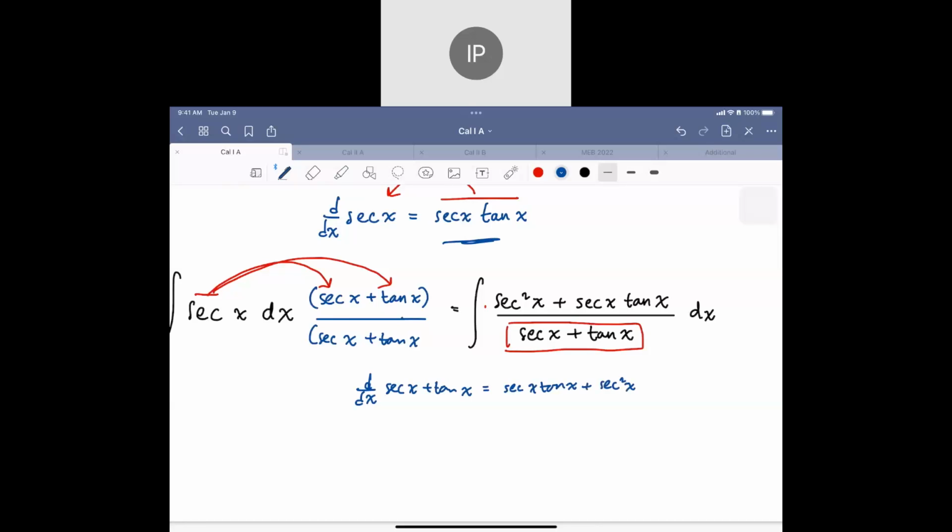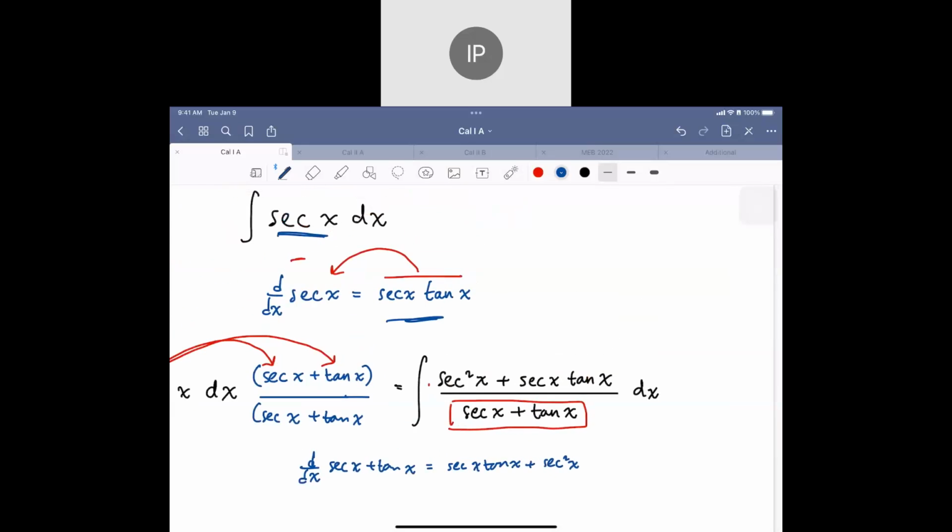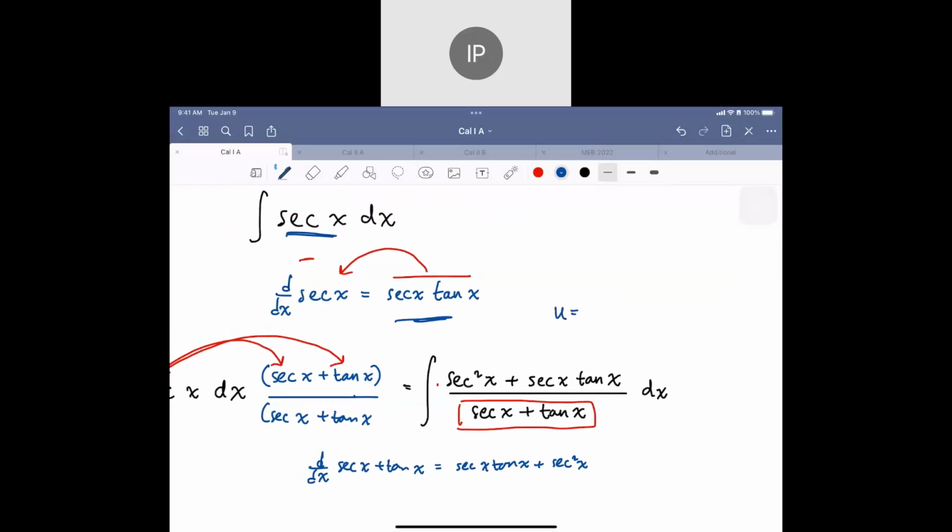Perfectly the same. So what I would like to suggest here is we use substitution with secant x plus tangent x as u. Okay, and then we take the derivative, and this will be secant squared first, and then secant x tangent x, and then dx.